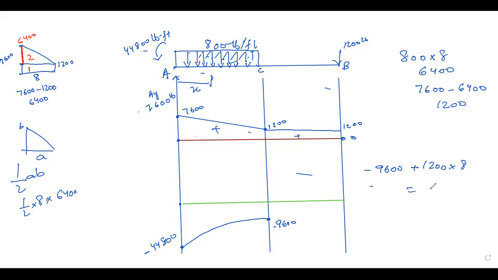So it will be 0. So we will close our bending moment diagram at 0. So both are in the negative zone. Our bending moment diagram is here in the negative zone. So this is the shear force diagram and this is the bending moment diagram.